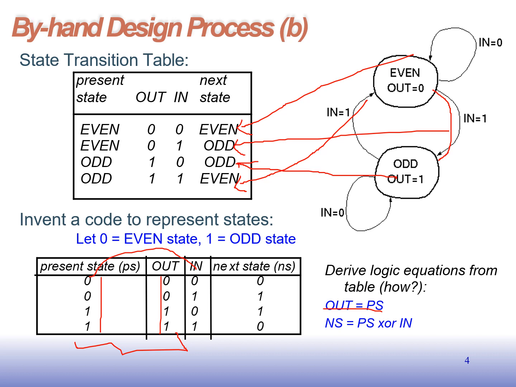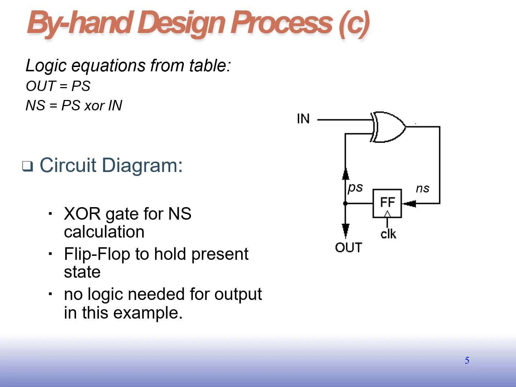So based on this we can write that the present state exclusive-OR with the input will generate the next state. So this is the diagram. Output is equal to present state. Input and present state exclusive-ORed will generate the next state. You give it to the flip-flop, because the states are defined in the form of flip-flops. This is the input, this is the output. So this is one example of how to design a parity checker using a Moore machine. Thank you.